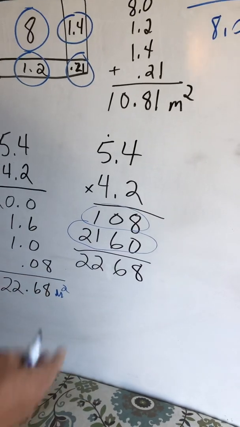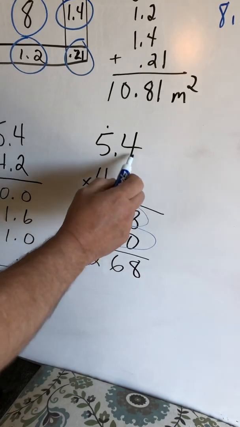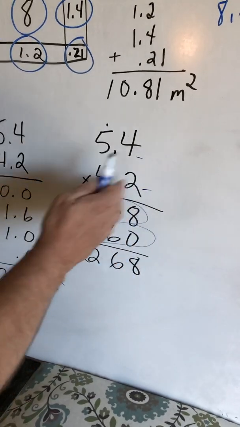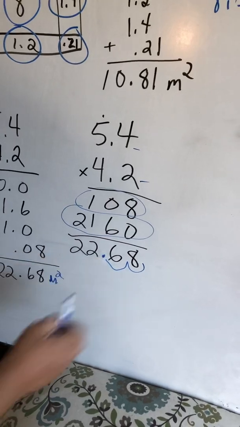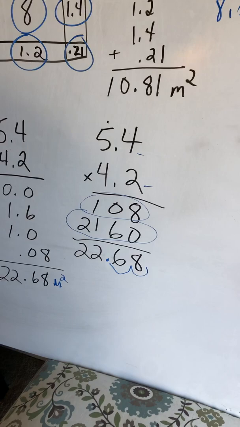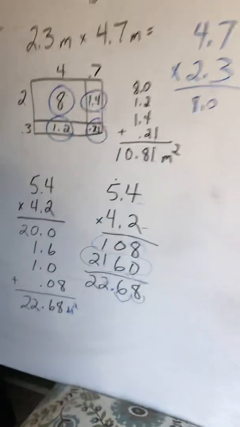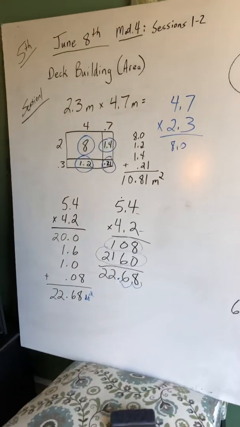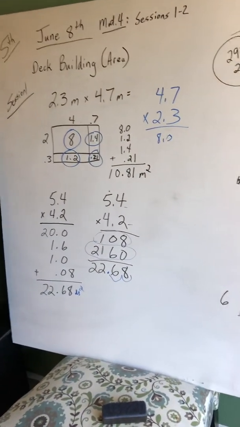And what you end up with is 2,268, except we have 2 numbers to the right of the decimal. So that means 1, 2, and there's where you get your 22.68. So they want you to try all of these at least once or twice to get, you know, bridges. They want you to know many ways of doing the same problem.